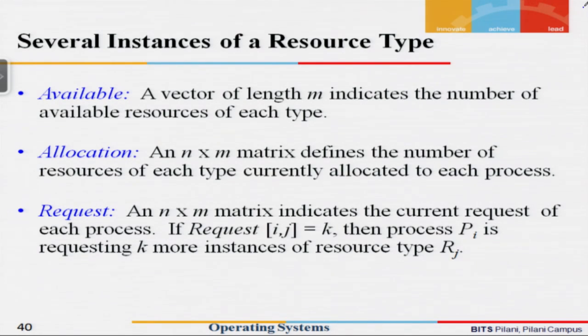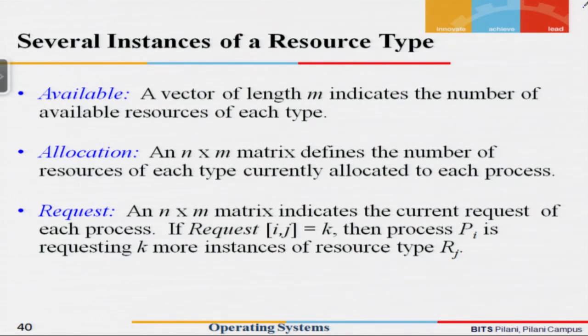So available is a vector of length m, indicating the number of available resources of each type. And we know that at any given point of time, the allocation is going to be there. The system has the total number of resources, that information is there. Then allocation, that whatever resources are allocated to each, the system would keep track of. And the current request, that information is also available.